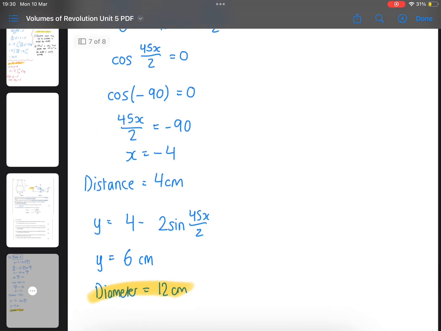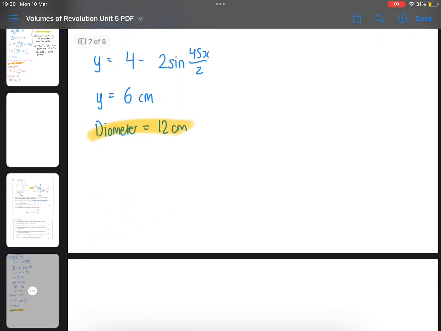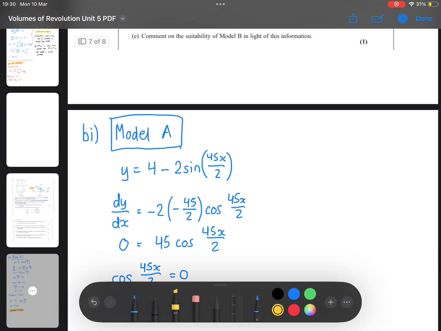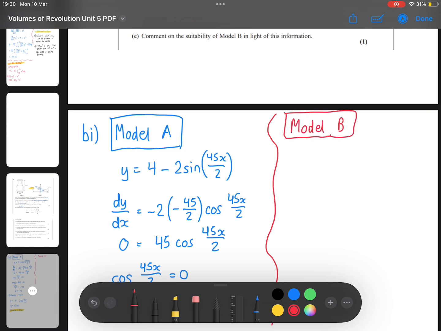Next one, slightly harder, possibly looking at model B. So for model B, we have y equals x plus 8, x minus 8 over 100.